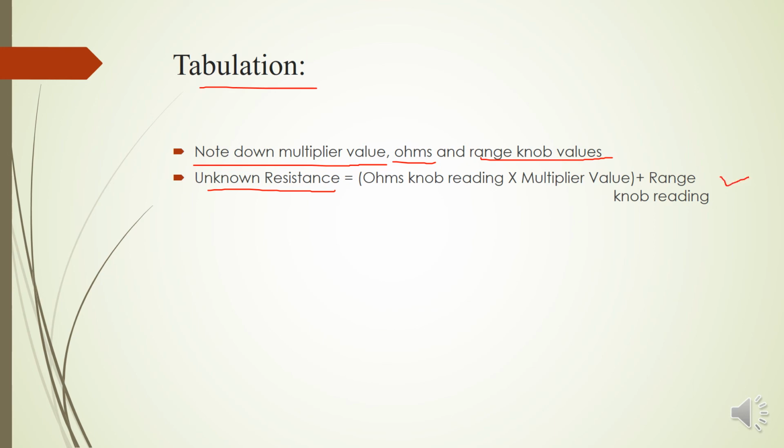Whatever value we get, that is the value of the unknown resistor. The same resistor is connected to a multimeter. Check the value and compare it with the value calculated using Kelvin bridge.